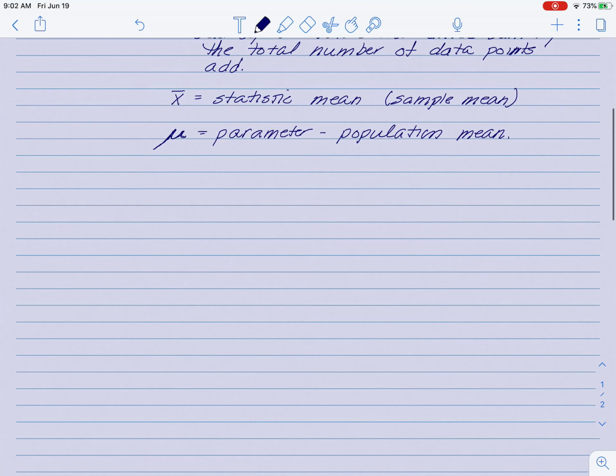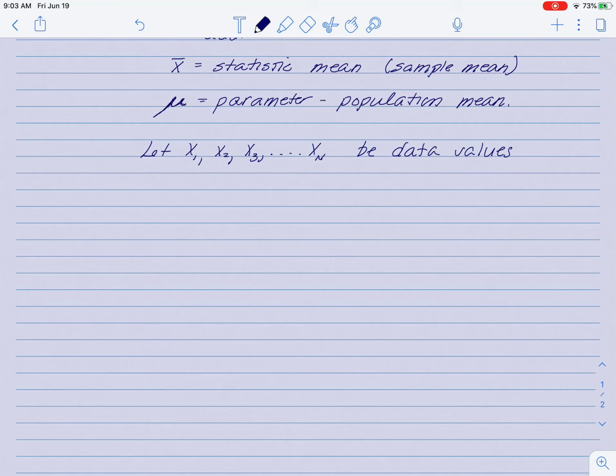And the way we calculate either one of these means is the notation. So if we let x sub 1, x sub 2, x sub 3, all the way up to x sub n be the data values of either our sample or our population, depending on which one you're working with, then what we're doing is x sub 1 plus x sub 2 plus x sub 3 plus, and we keep adding them all up.